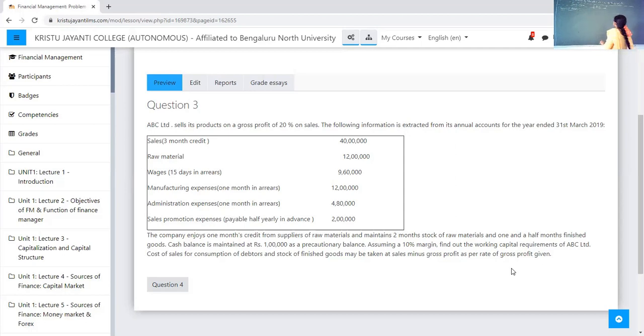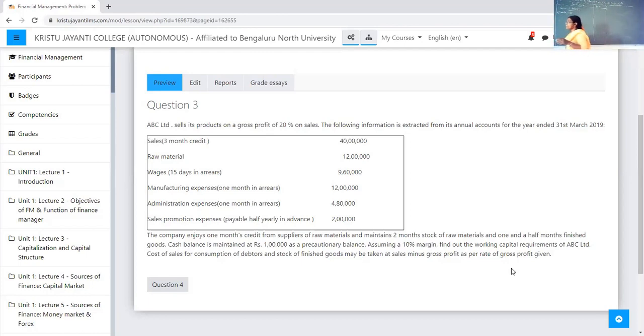Okay, so look into the board. The first current asset that I would write is sales, 3 months credit, which means it is sundry debtors. Now, what have they told about sundry debtors?